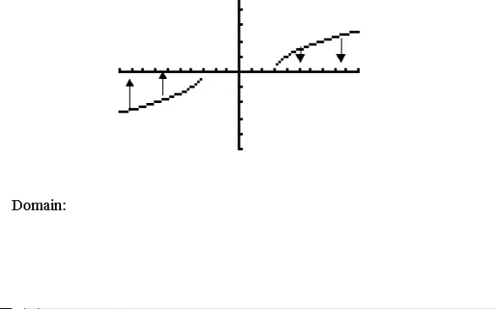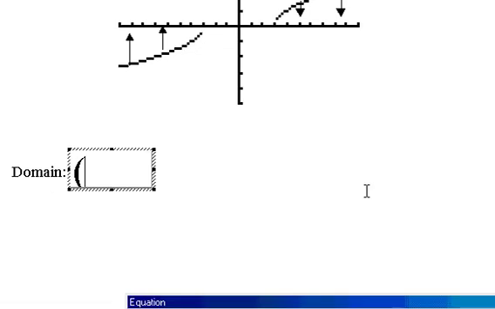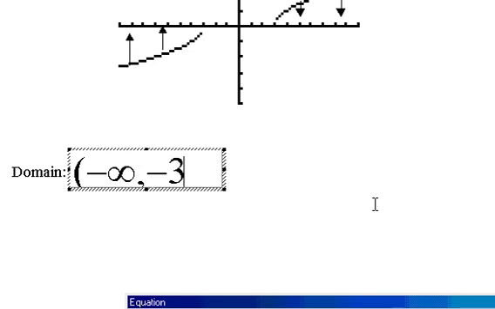Let's just write this in interval notation. So left to right is negative infinity to -3, and we include -3 because there'll be a point here that's supposed to be connected.